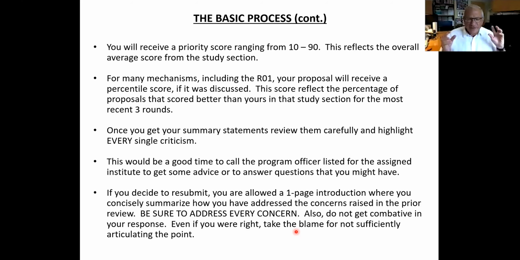So let's look at a typical timetable. If it's your first submission, that's called an A0, that's the NIH lingo. There are 3 times a year you can submit an A0: February, June, and October 5th. Let's look at February 5th.